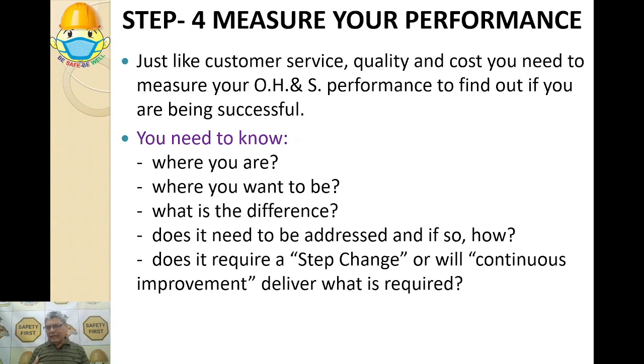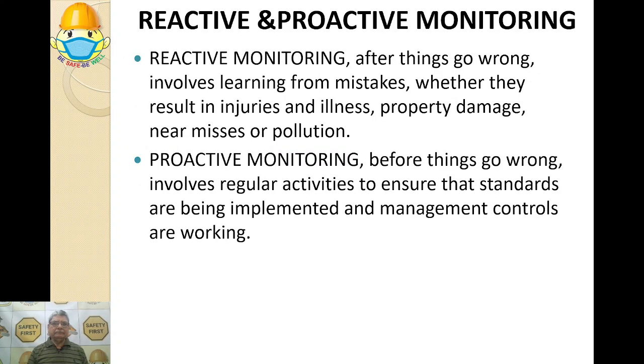If that gap is to be addressed, then what action plan, what mitigation plan are you going to envisage? Does it require a step change, or will continuous improvement deliver what is required? So you have to judge whether you will achieve that difference by continuous improvement step by step, or you need a drastic change in your action plan.